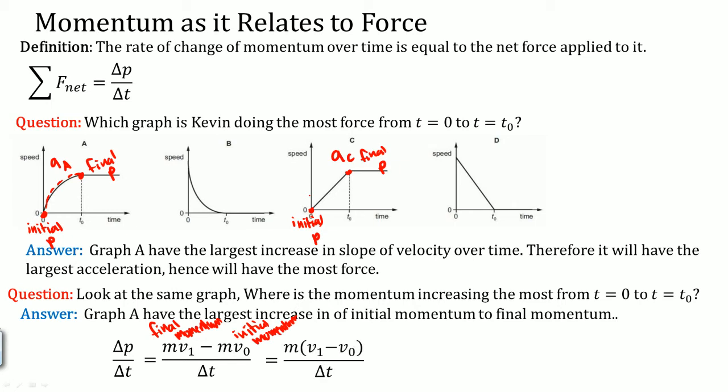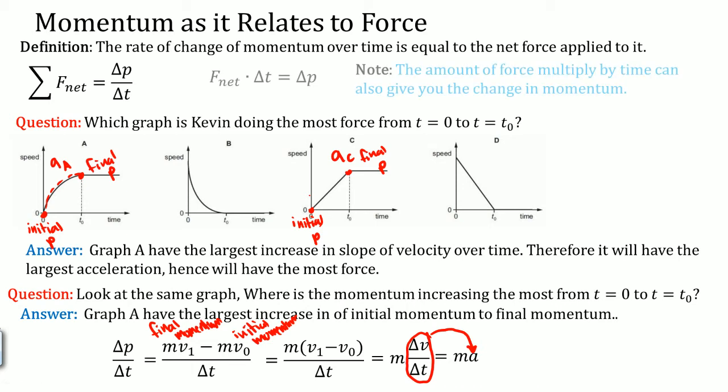You can factor the M out. You can see that V1 minus V0 is just delta V. Delta V over delta T is the same thing for A. So this is the formula for acceleration, right? So that's how you get the force involved.